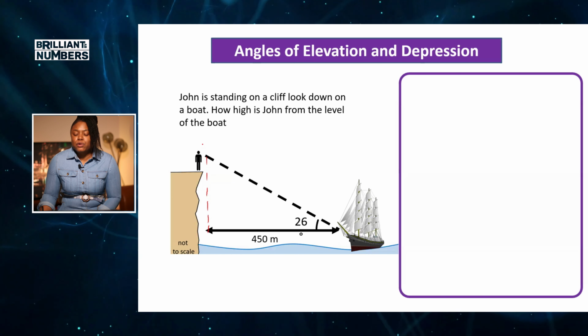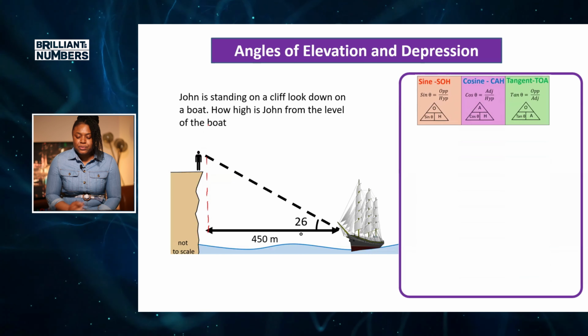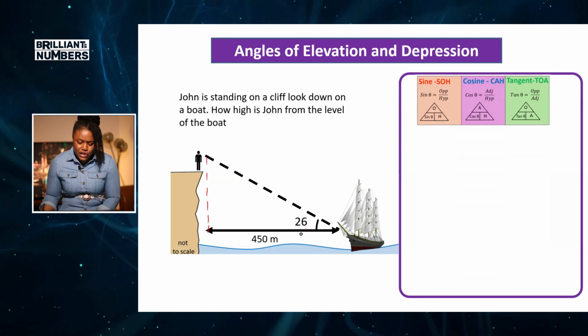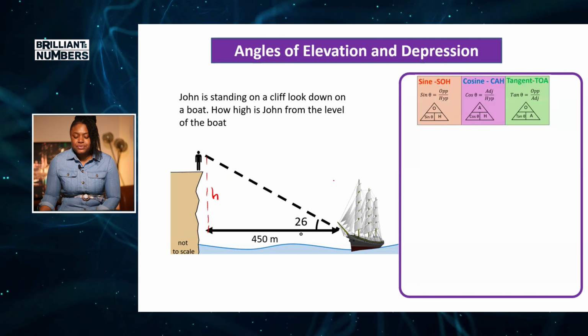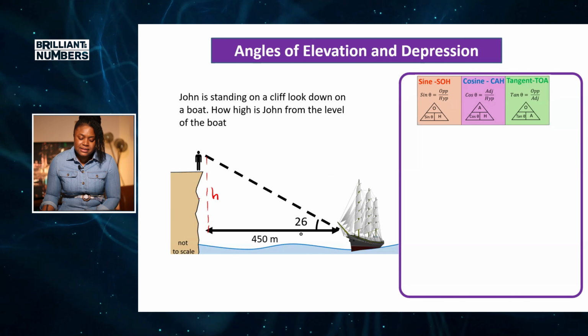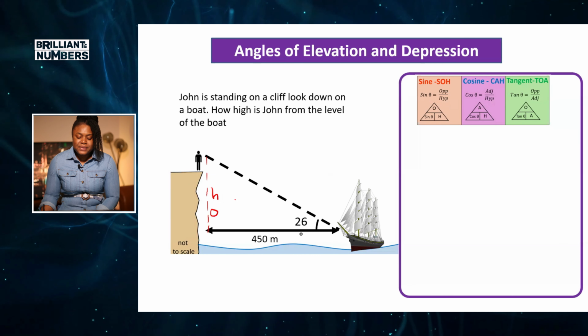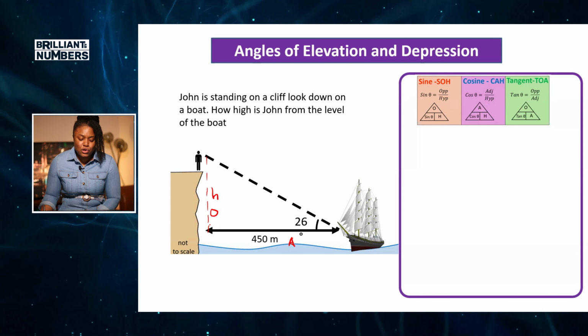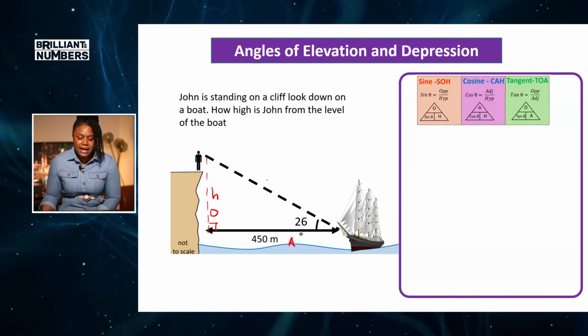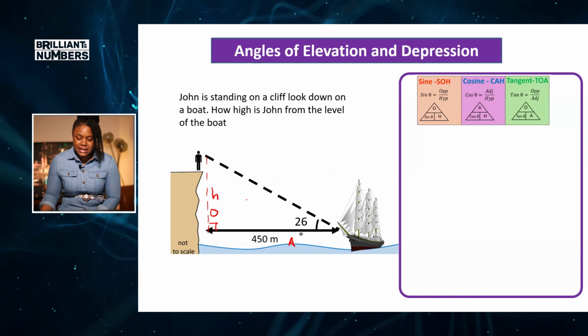So again, I'm going to be using my trig ratios. Let's just call this bit here the height, h. So from 26, this side will be the opposite. And here will be the adjacent side because the longest side faces the right angle, and that's not labeled here.